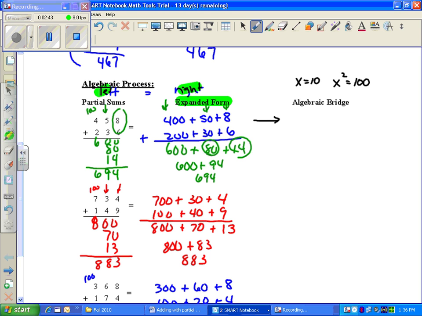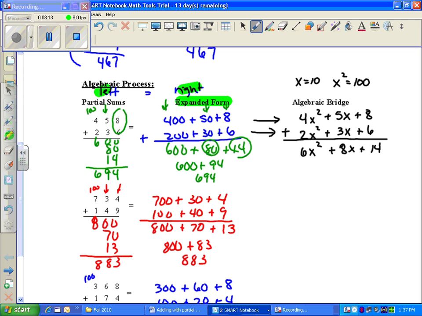So I would have 4x squared plus 5x, or 5 tens, plus 8, converting 236, 2 hundreds, or 2x squares, 3 tens, and a 6. Combining these through the addition process, left to right, looks like I have 6 hundreds, 8 tens, and a 14.